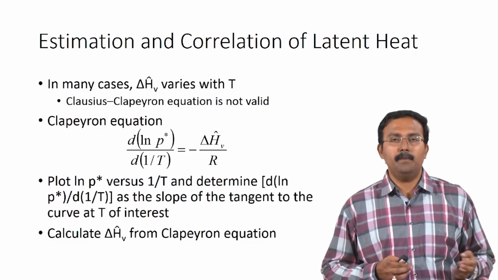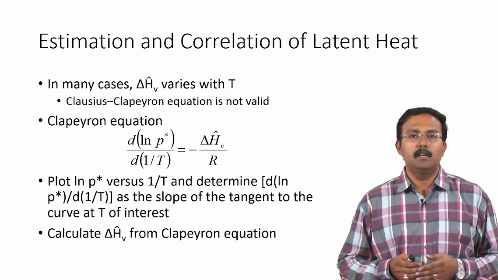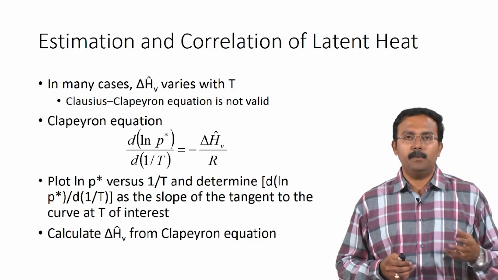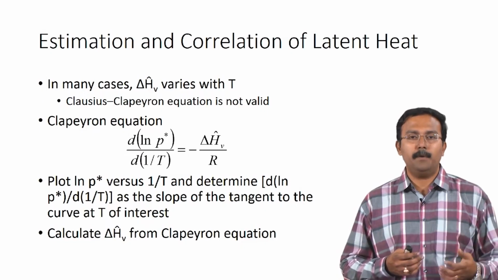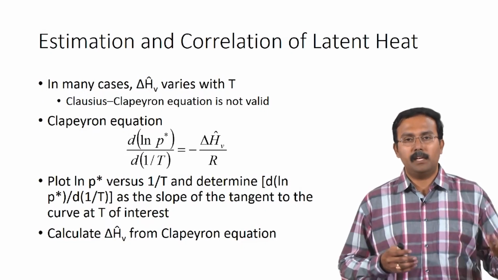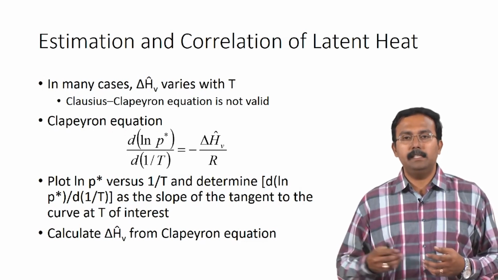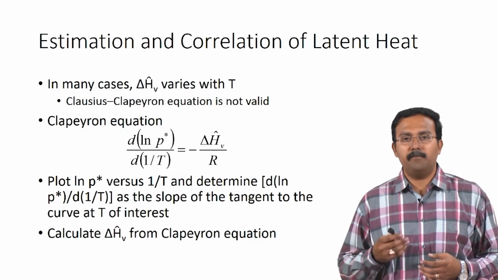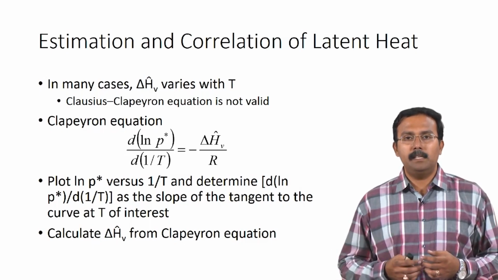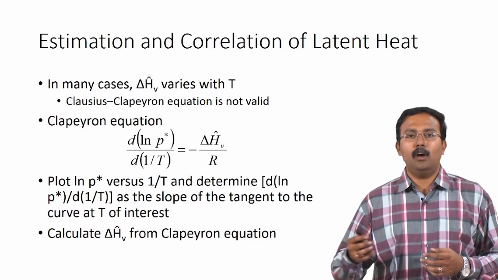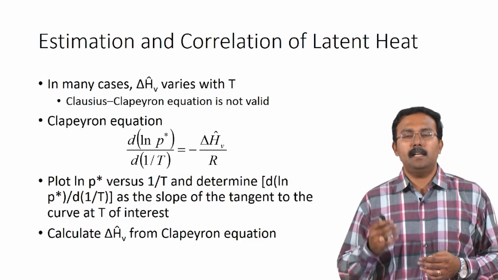In many cases, heat of vaporization is not a constant for a range of temperature, it varies with temperature. So, in such scenarios, the Clapeyron equation which we just saw is not directly valid. So, instead you can use the Clausius-Clapeyron equation in its differential form. So, d(ln P*)/d(1/T) equals minus ΔH_V by R. So, you are expected to plot ln P* versus 1/T, and you would be determining d(ln P*)/d(1/T) as the slope of the tangent to the curve at the temperature of interest.